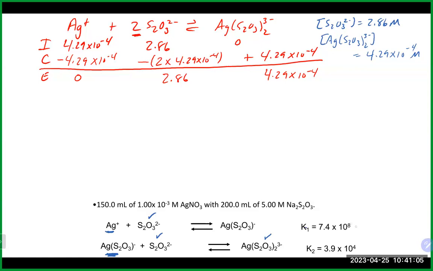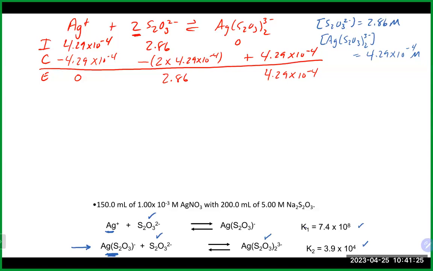I'm going to use the individual stepwise equilibriums to solve for what I'm looking for. If I do that, I have enough information to go into the second step here. I have everything but the intermediate that I'm looking for.